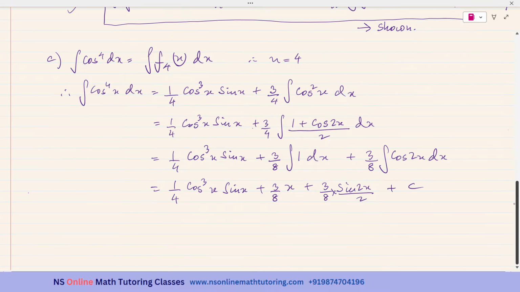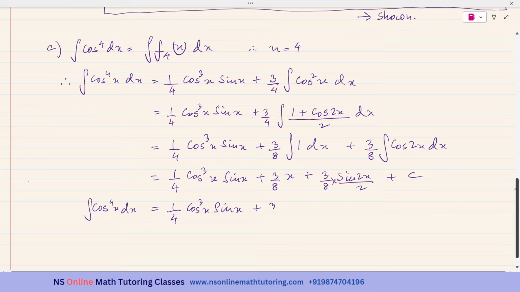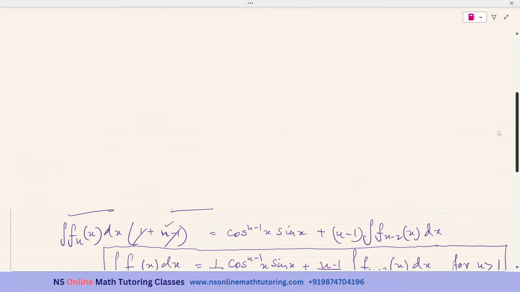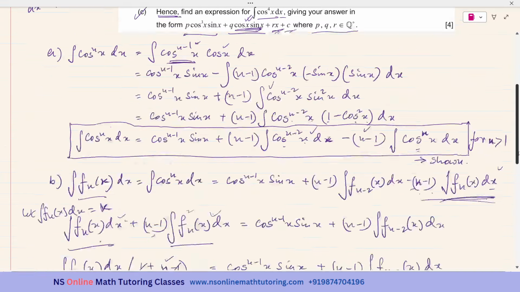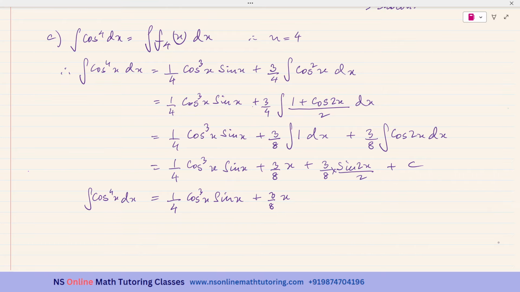So this is equal to, this is the integral of cos to the power of 4x with respect to x. It is equal to 1/4 cos cube x sin x plus 3/8 x. And you see, this is sin 2x, but over here you are having cos x sin x. We are having this term 3/8 x. So we have got this, we have got this. The only term which is differing is this part. So in place of sin 2x, we will be writing 2 sin x cos x.